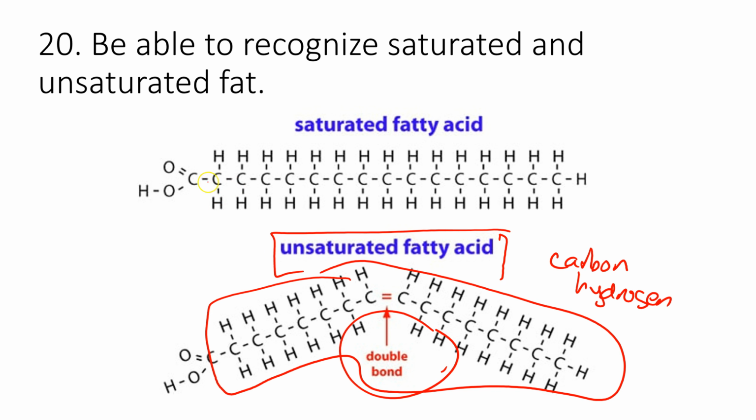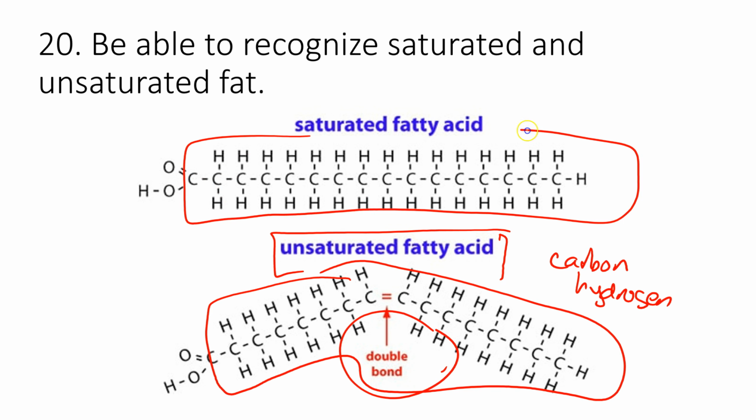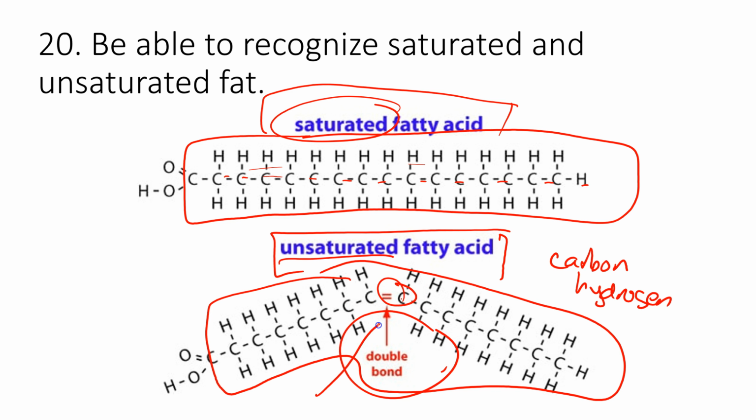And if you see that the whole hydrocarbon chain is just filled with hydrogen and there's no double bond here, then this will be a saturated fatty acid. Saturated basically means that the whole chain is filled with hydrogen. Saturated is totally filled. There's no more space for new hydrogen to come in. While unsaturated, you have this double bond. I can still add hydrogen to this double bond. So that's how you tell saturated and unsaturated.